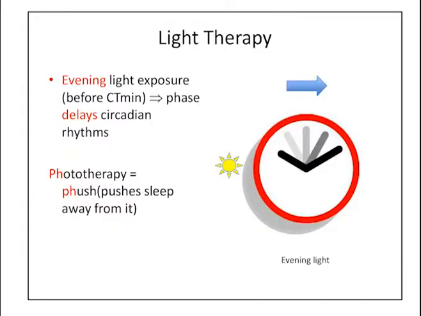Now, this is very important because there are agents out there that can reset your phase advancement or phase delay. One of them is light therapy. Light therapy is a very powerful Zeitgeber that can alter the phase of the sleep-wake cycle.